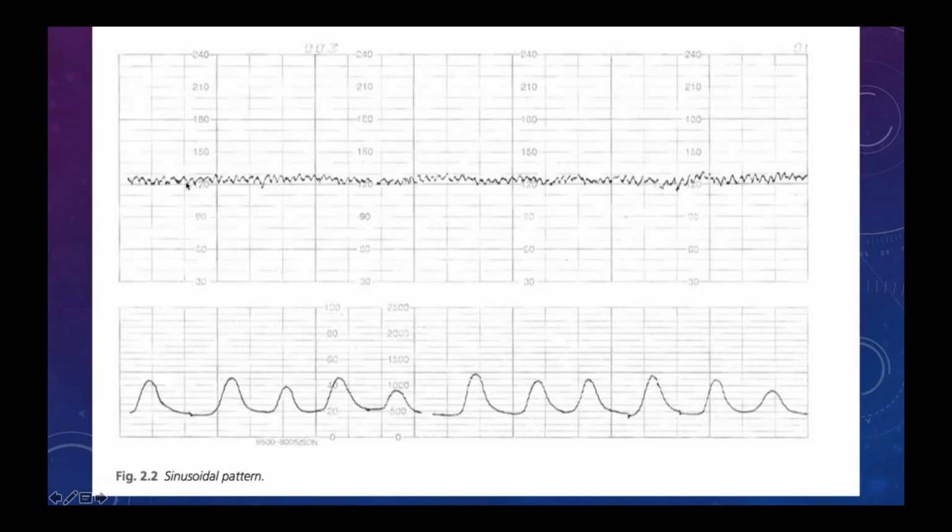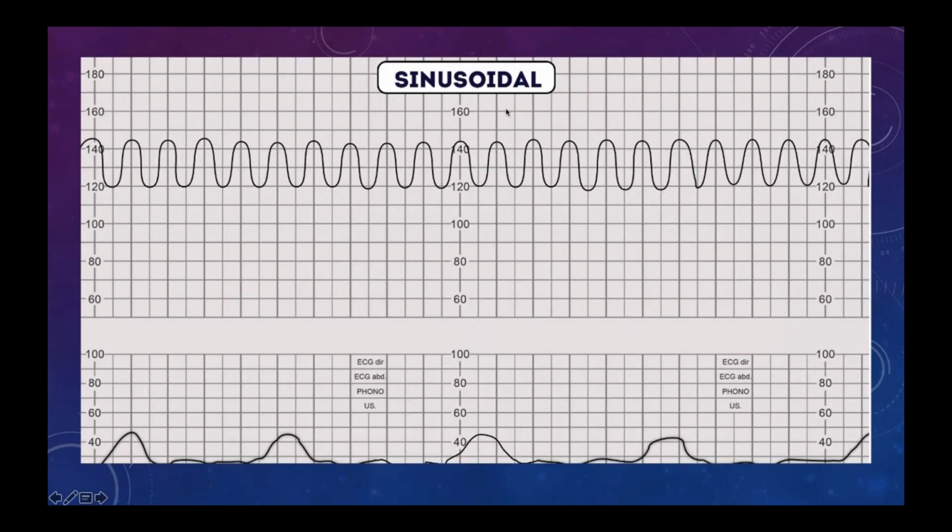Sometimes Part 2 people get this in the exam, so you have to identify it. This is an abnormal feature, and so the CTG becomes pathological. This is again sinusoidal.